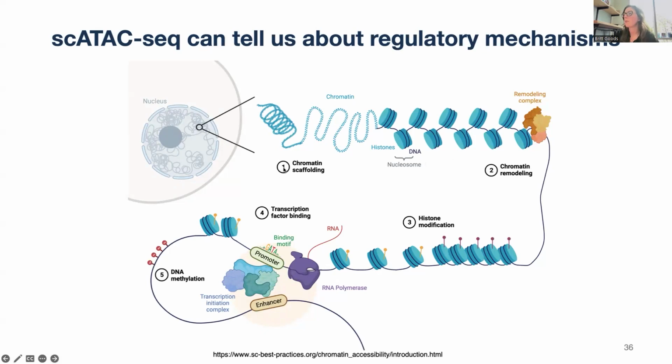So we can look at either chromatin scaffolding, we can look at chromatin remodeling. So there are enzymes that will actually remodel the way that chromatin is structured. There's histone modifications, and then there's also transcription factor binding and DNA methylation. And all of these layers of regulation are important to control what a cell is doing and ultimately, what mRNAs and proteins it's producing, right?